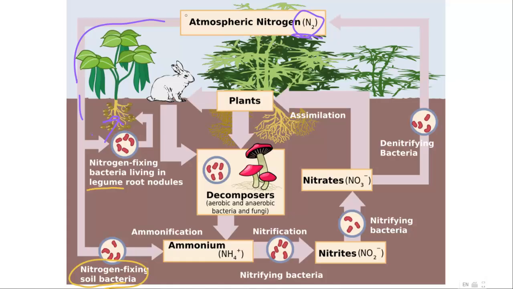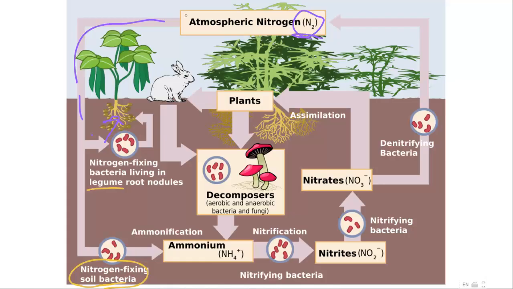Plants do the same thing. There are also some bacteria called denitrifying bacteria. They perform the process of denitrification, and that takes these nitrates, the usable form of nitrogen for plants, and returns that to nitrogen gas.